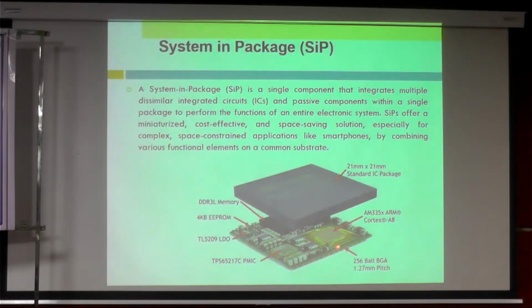For example, here we have a few chips, a few components. So we just package them in one small package, including a lot of things. In comparison with SoC, where we have everything on one chip, this is in terms of package.